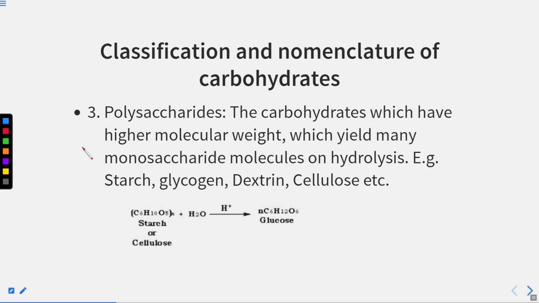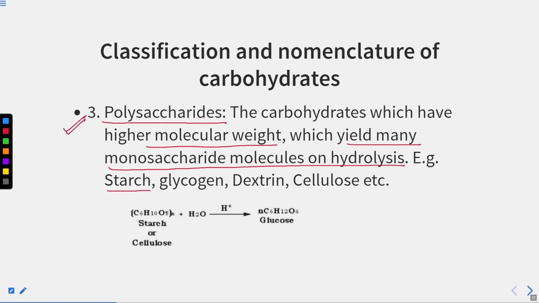Now the third type, after monosaccharide and oligosaccharide, is the polysaccharide. Polysaccharides are carbohydrates which have a higher molecular weight and yield many monosaccharide molecules on hydrolysis.